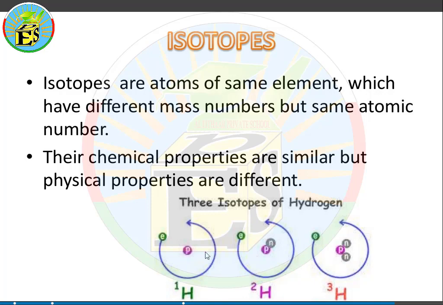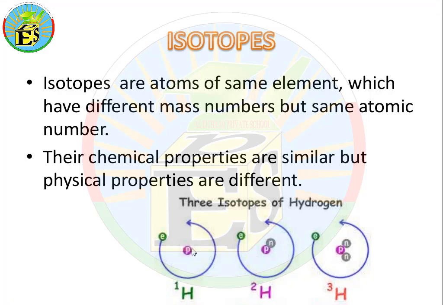The atomic number is the same in the three isotopes but the mass number differs: 1 here, 2 here, and 3 here. So isotopes are atoms of an element that have the same atomic number but different mass numbers.